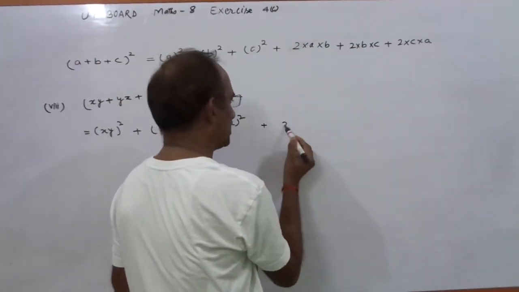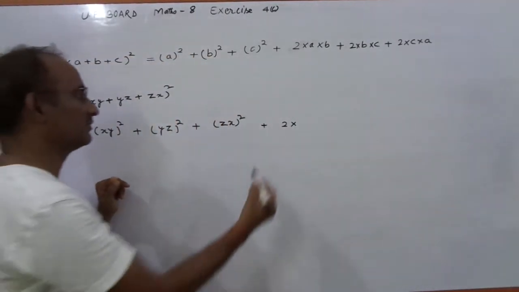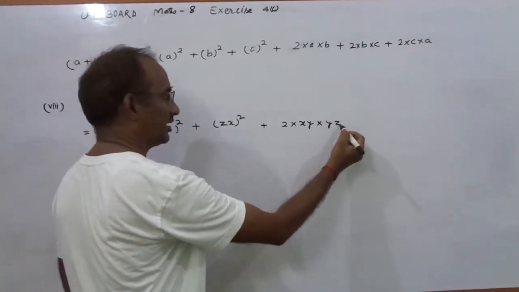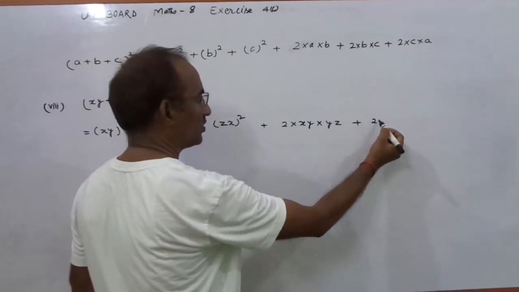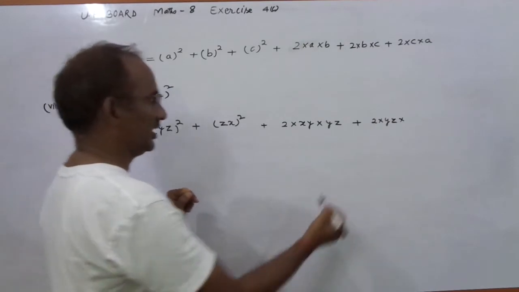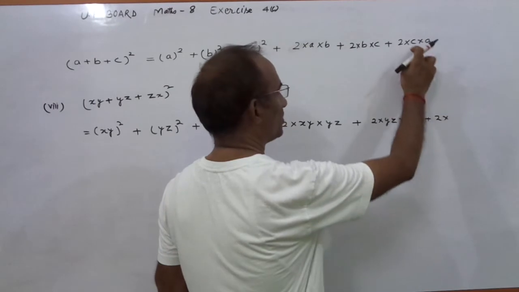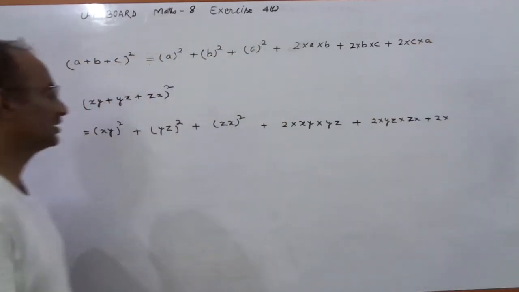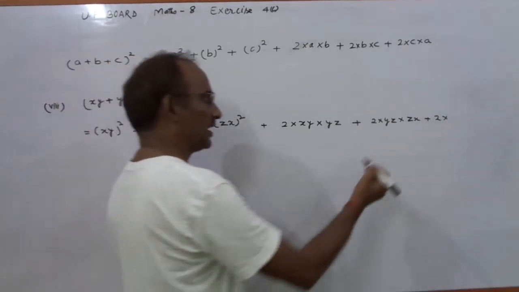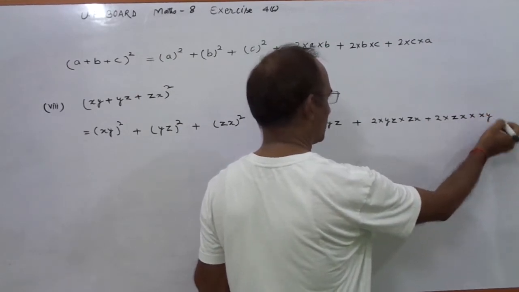So first of all we take here 2 multiplied with the first term xy and the second term yz, plus 2 into yz and the third term zx, plus 2 into ca. It means the last term and the first term, so we have to multiply zx multiplied with xy.